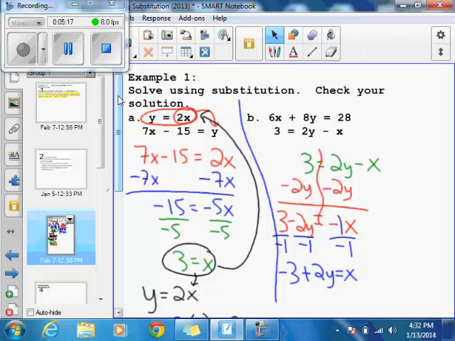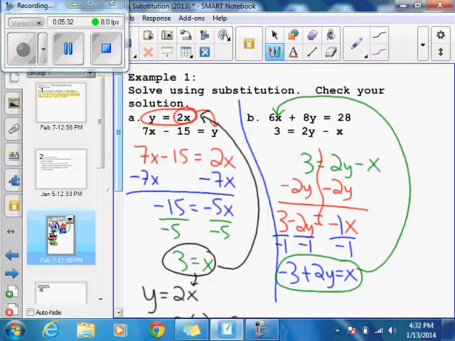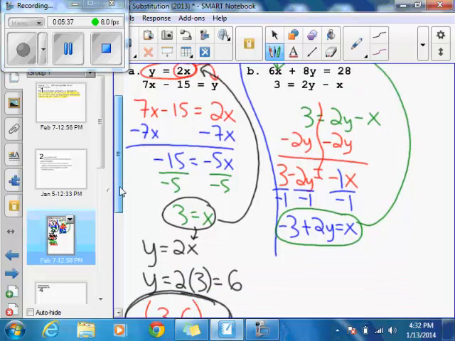Okay? Now that we know what x is equal to, negative 3 plus 2y, we're going to go back to that first equation, and we are going to plug in negative 3 plus 2y for x. So let's rewrite that first equation.